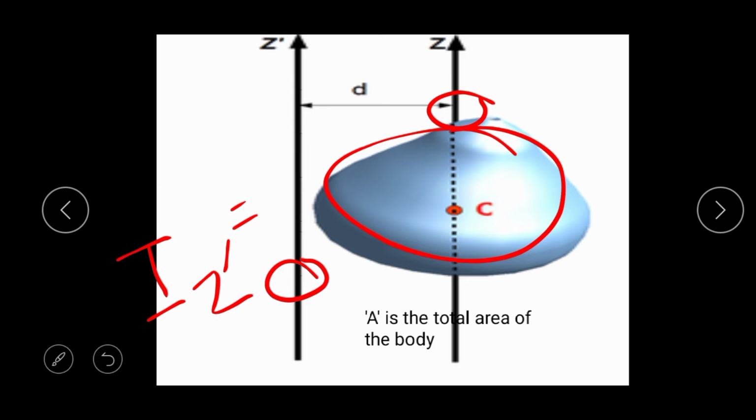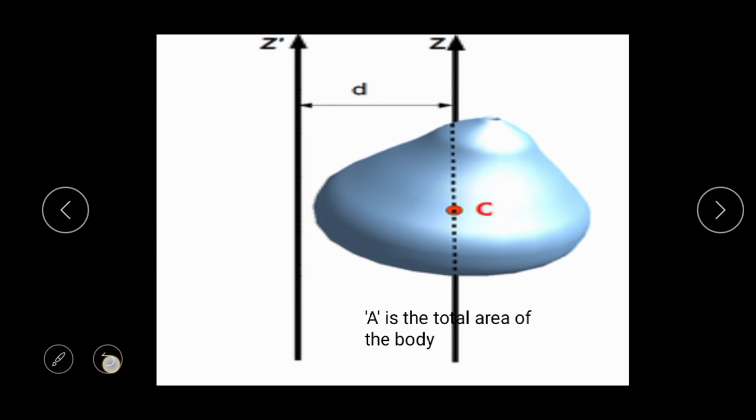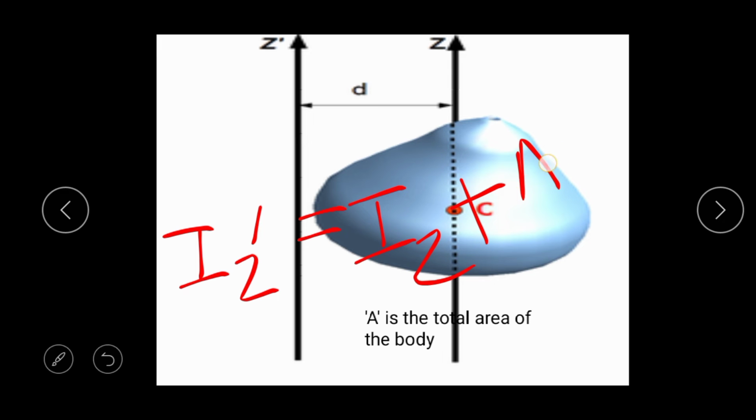And if we know the moment of inertia of this body about the z axis, then we can write Iz dash is equal to Iz plus the area of the whole body times the square of the distance between these two parallel axes.